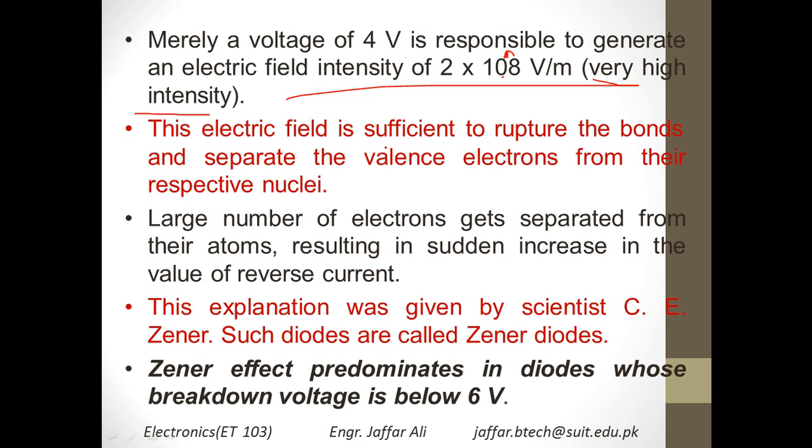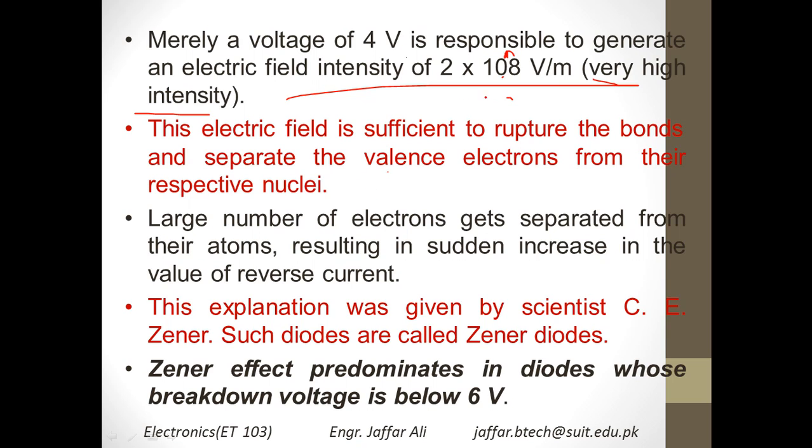Let's say this electric field is sufficient to rupture the bonds and separate the valence electrons from their respective nuclei. We have discussed that energy is needed if you want to go from the valence region to the conduction region.